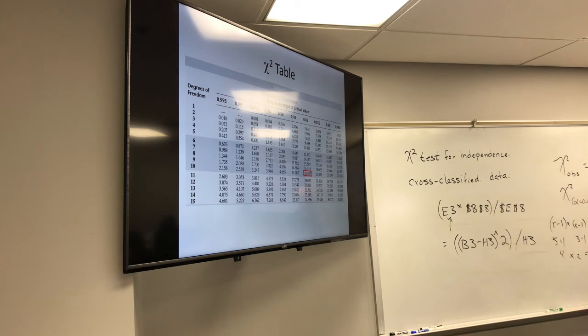So, emergency room visits, really frequency of emergency room visits or recency of emergency room visits.